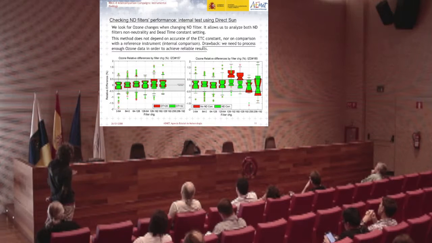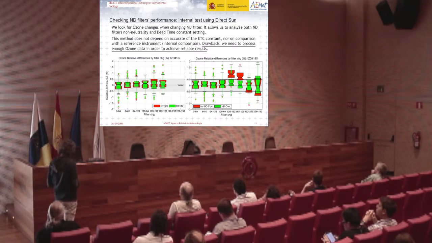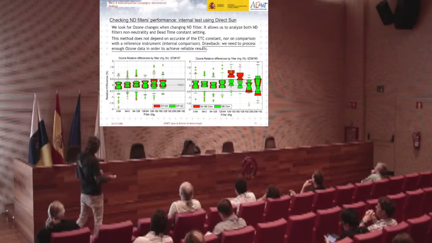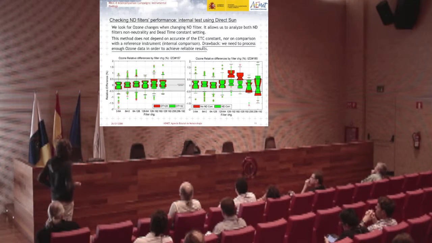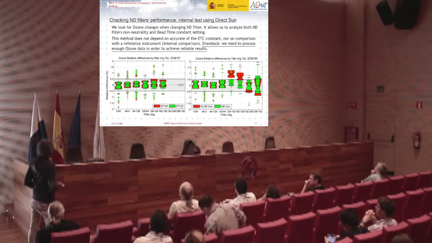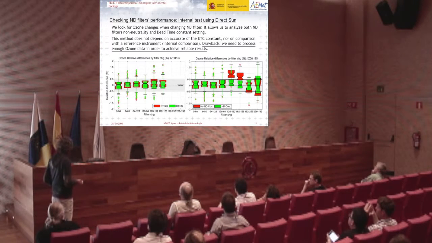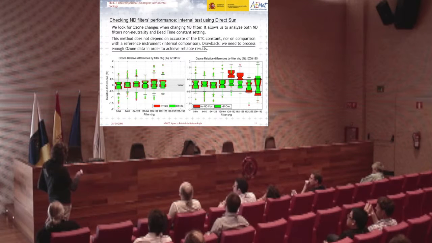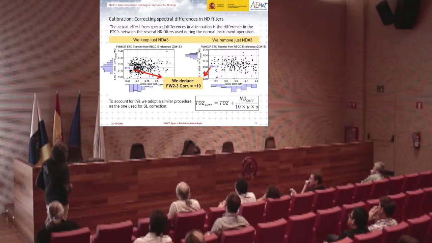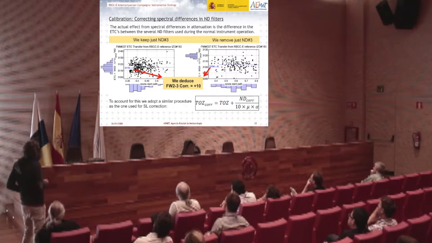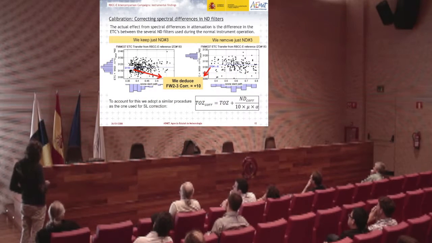So this kind of analysis allows us to detect instrumental problems, for example, in the dead time or in neutral density filters. So how to correct this effect in filters?